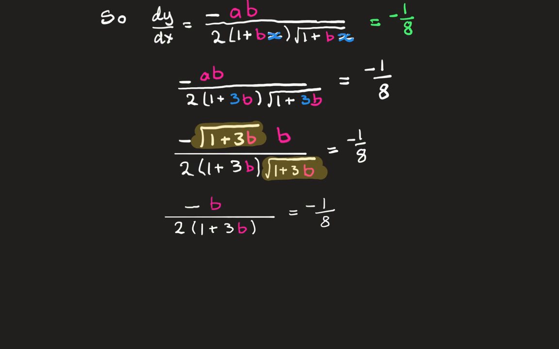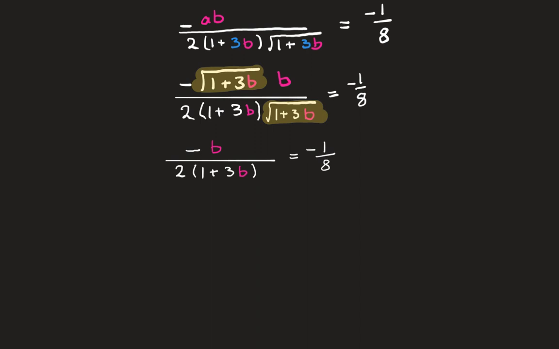I'll cross multiply, the minuses will disappear, and all I'm left with is 8b, which is equal to 1 plus 3b on this side. Cross multiplied it all. I need to expand this so that I shall be able to find out what actually b is.